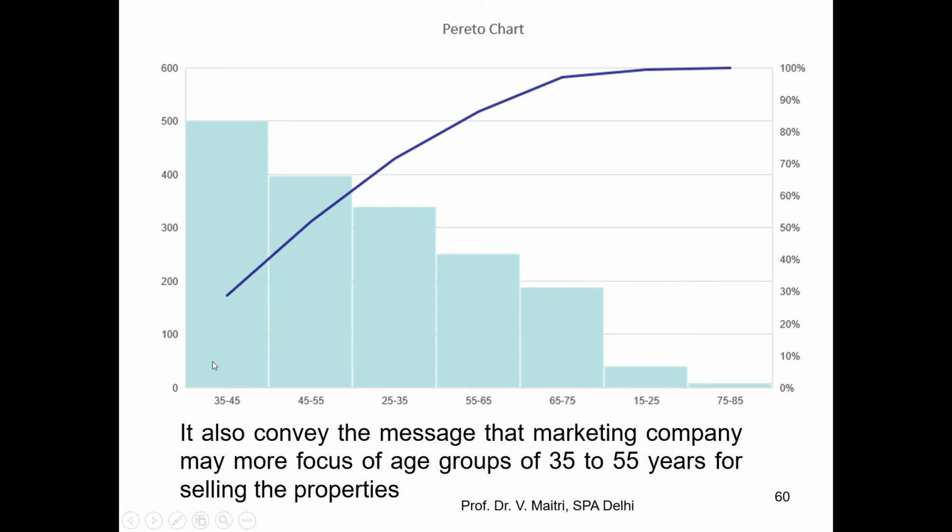My first priority should be the age group of 35 to 45, the next priority should be the age group of 45 to 55, and the next priority should be the 25 to 35 age group. So accordingly the company can take a decision on which age group they should focus more on for selling their property. That's why the Pareto chart is the best one, but it is always presented from the highest value to the lowest value.